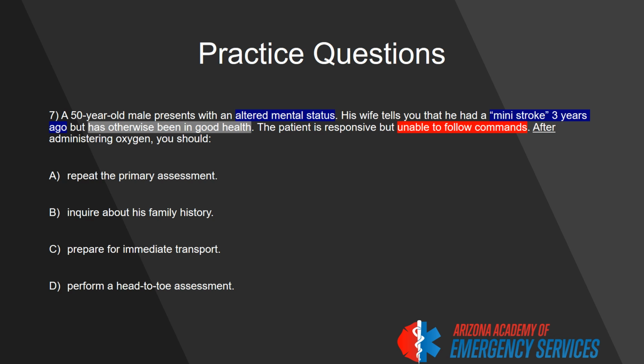Looking at the answer options, you should know that after the administration of oxygen, the very next step that comes from an answer option listed would of course be answer option C, prepare for immediate transport. And this is a very simple scenario question. All of these answer options are things that we're going to do in our medical assessment.